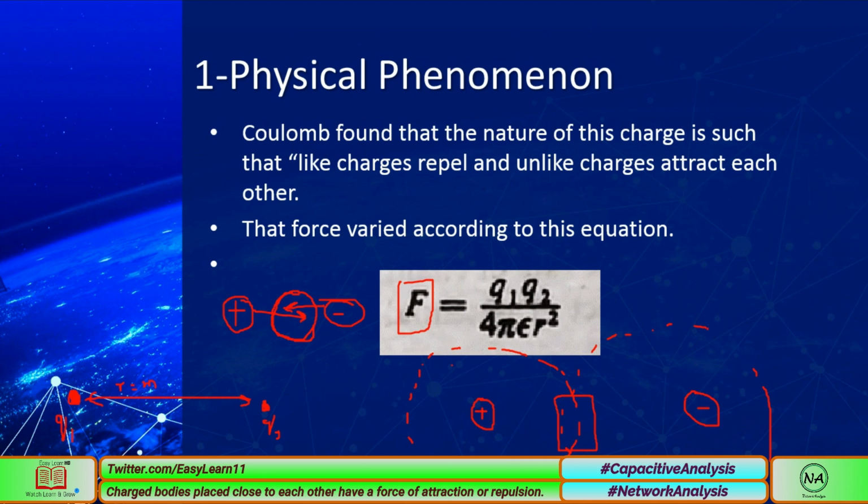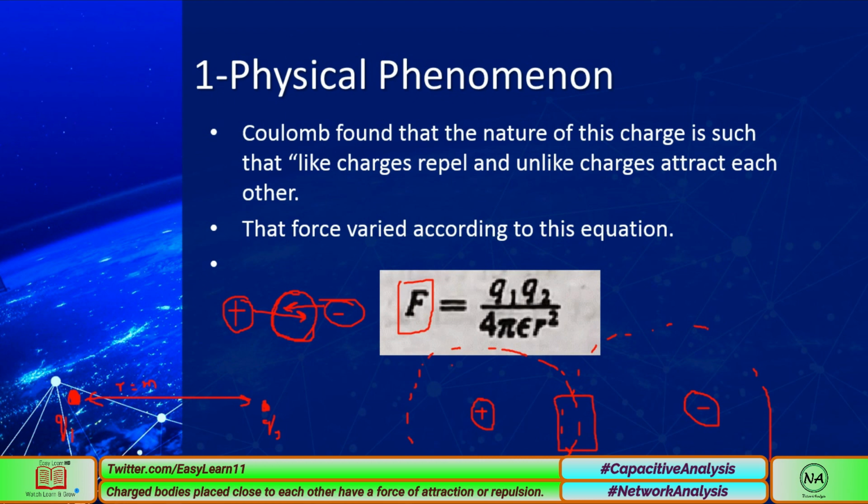I'm not interested in the derivation right now, but Q1 and Q2 are the two charges that can be measured in coulombs. If it is a 5 coulomb charge or a 10 coulomb charge, we can substitute the values here to calculate. R can be measured in meters. 4 is understood; just substitute all these values in the formula.